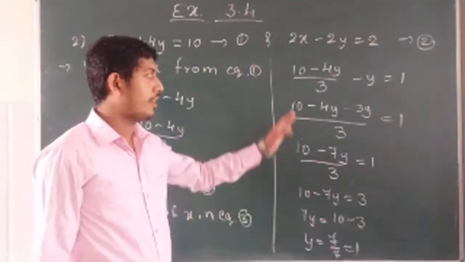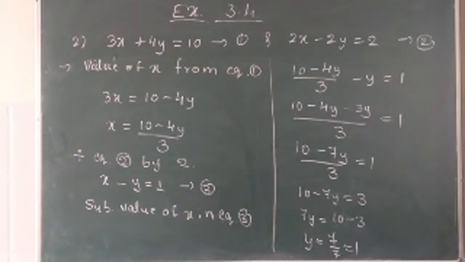Now just look at the steps. What we have to do here: we consider the value of x from equation 1 and substitute it in equation 2, or we can rearrange equation 2 by dividing it by 2. So it becomes x minus y equals 1.